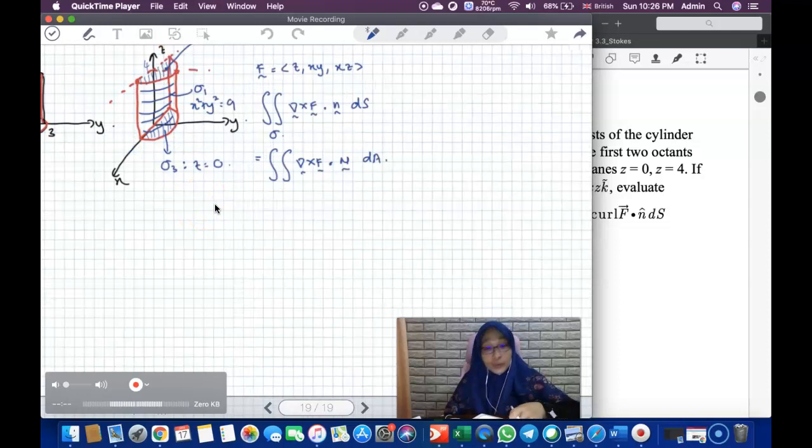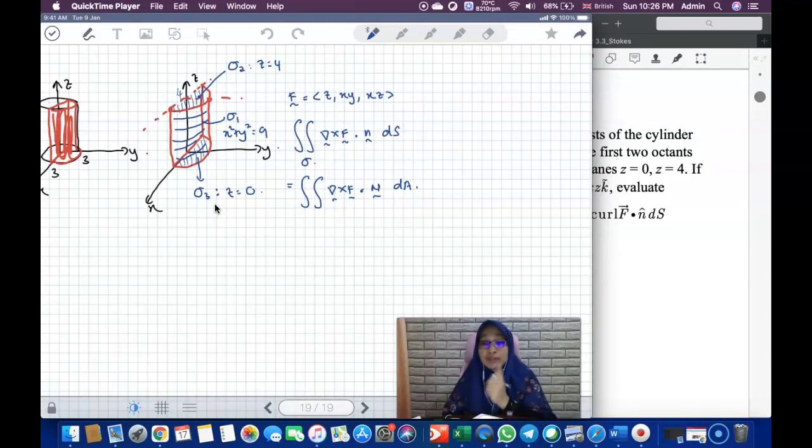If you don't want to compute the three different surface integrals, do we have any option to simplify our work here? If you're thinking about Gauss, it is not possible because Gauss needs a solid, but this is an open surface. So can we use Stokes theorem?